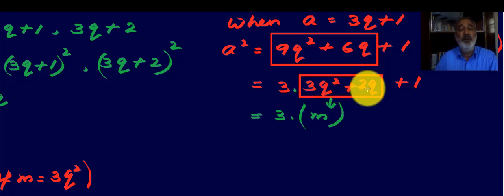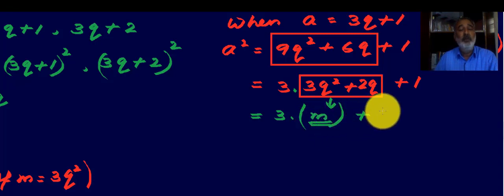If I take q as 1, the number will be 5. If I take q as 2, then it will be 17, I think. If I am taking q as 2, 4 threes are 12, 16, plus 1, 17. You can try it out. It's a series. It will provide you a certain number.